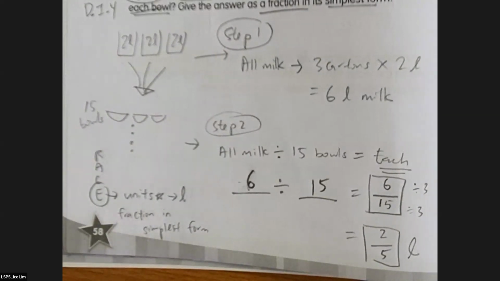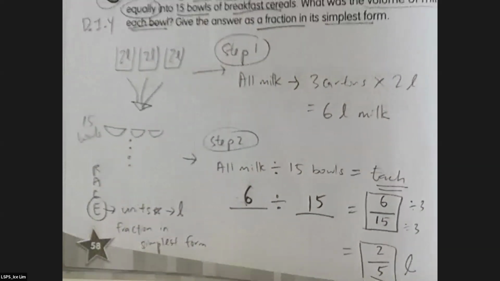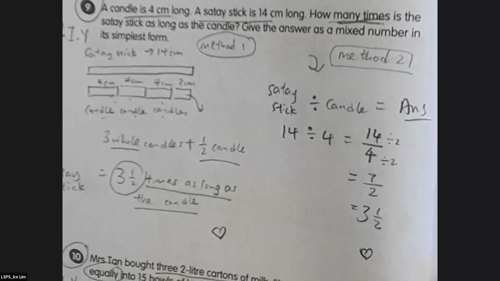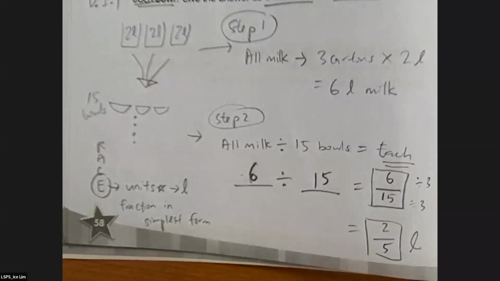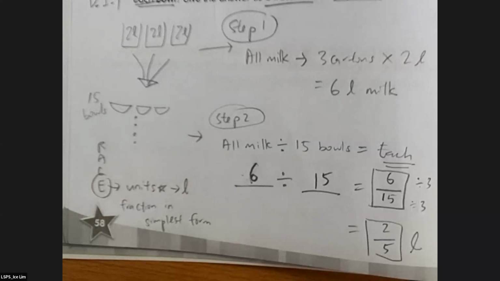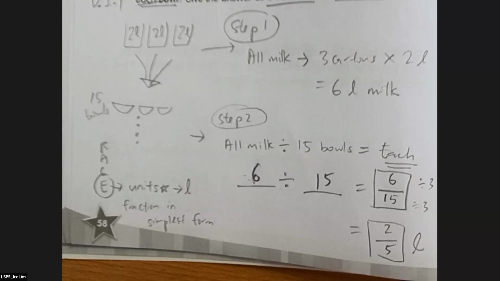Okay, then we move on to the next part. Which one do you need? This one? This one. Okay, then we move on to the next item, which is converting fractions to decimal and decimal to fraction. Let's see which one. It's too bright?